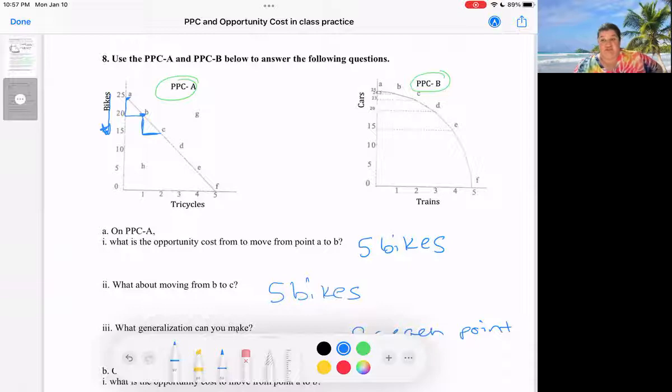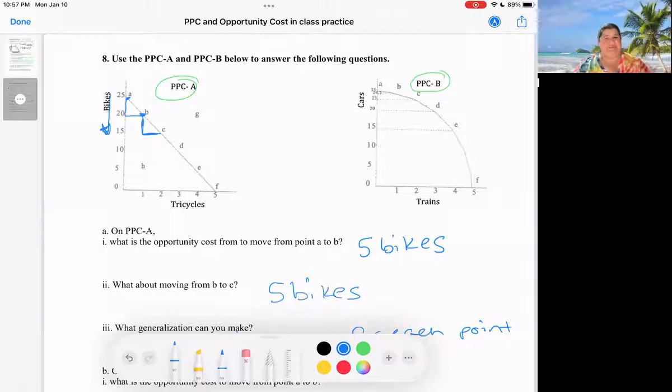When you have a constant PPC, production possibilities curve, that means that the opportunity cost is the same, it's constant. That tells us that in the real world, these two goods are very easily interchanged or substituted for each other.